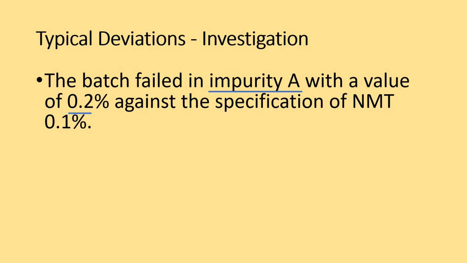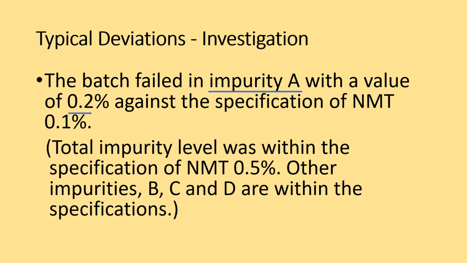The initial review of the data generated indicated that the total impurity level was within the specification of not more than 0.5%. Other impurities B, C and D are within the specifications.